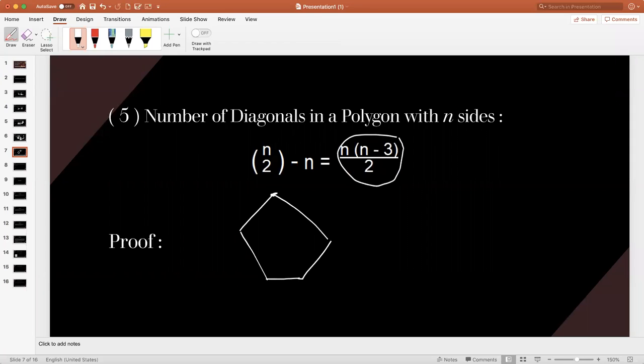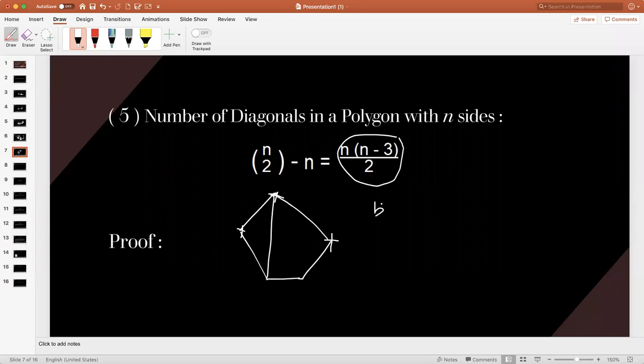From our starting dot, we have 5 total dots we could choose from, but then we have to minus 3 choices, because we cannot pick the starting one itself, nor the two adjacent vertexes, because those are not diagonals, they're really just adjacent sides.